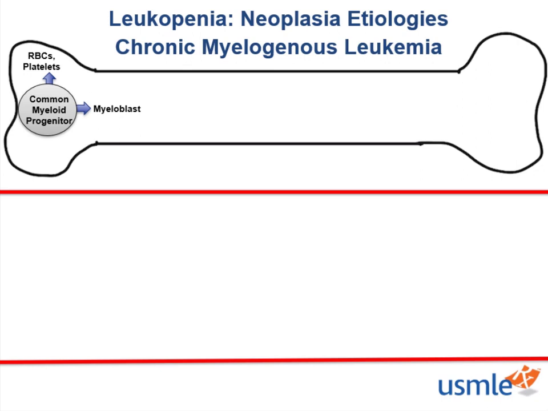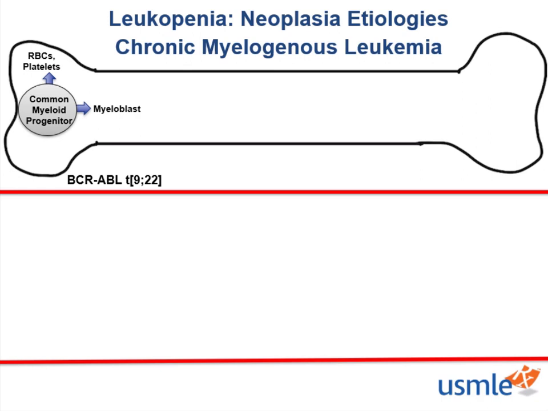Rather, the Philadelphia chromosome drives granulocyte development. The Philadelphia chromosome involves a translocation of chromosome 9 to 22 that produces the BCR-ABL gene and subsequent BCR-ABL protein. This protein is a tyrosine kinase that enhances cellular proliferation and provides resistance against apoptosis.